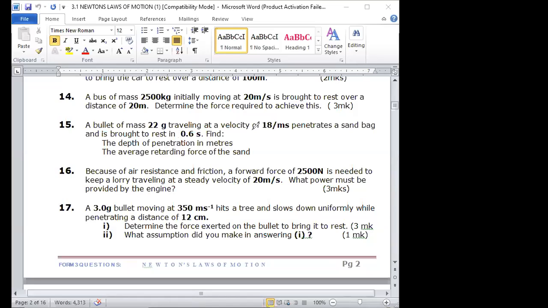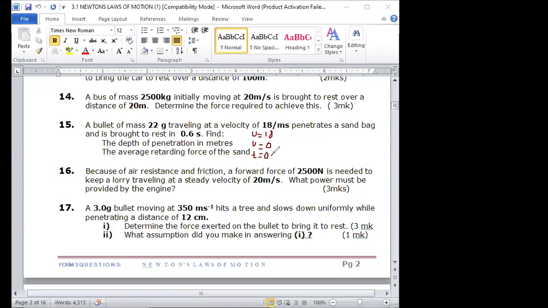This is the first velocity, just referred to as the initial velocity of 18. It penetrates a sandbag and is brought to rest. If it is brought to rest, then it implies that the final velocity in this case becomes 0, after 0.6 seconds.